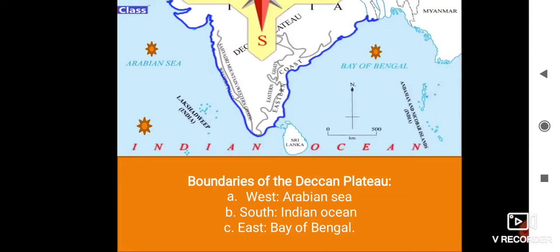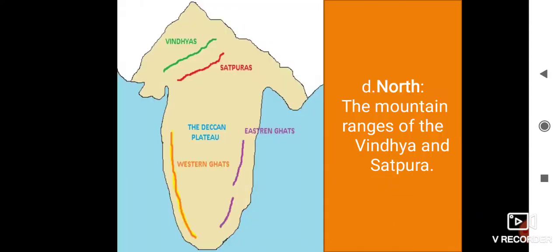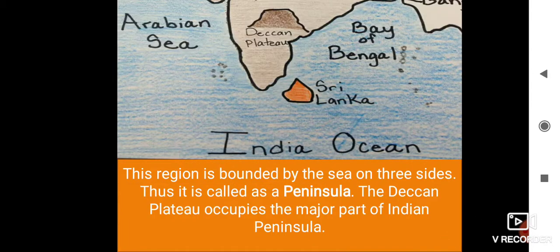To the east, Bay of Bengal. And to the north, the mountain ranges of Vindhya and Satpura. This region is bounded by the sea on 3 sides. Thus, it is called a peninsula. The Deccan Plateau occupies the major part of Indian peninsula.